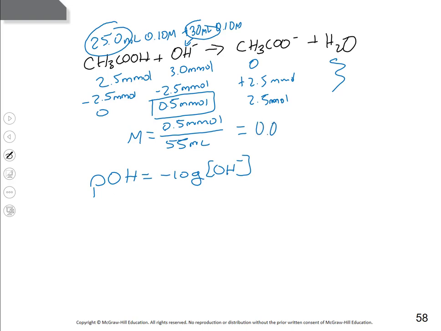So 0.0091 molar. So negative log of that is our pOH. Negative log of that is 2.04. So what is our pH here?